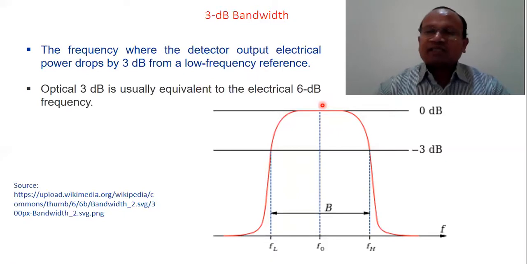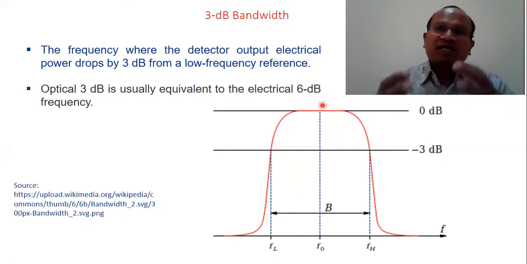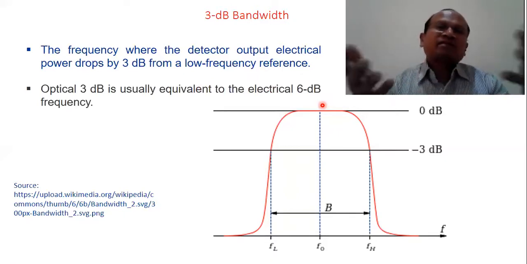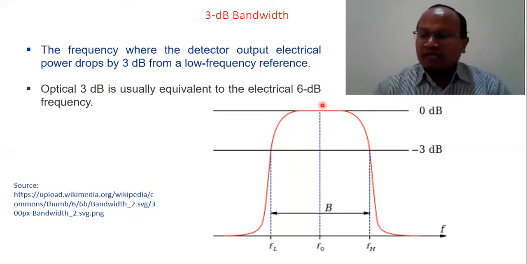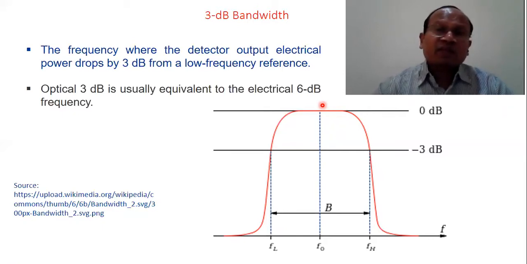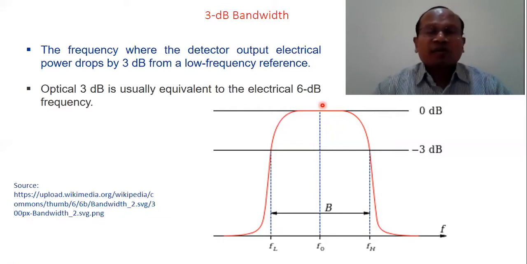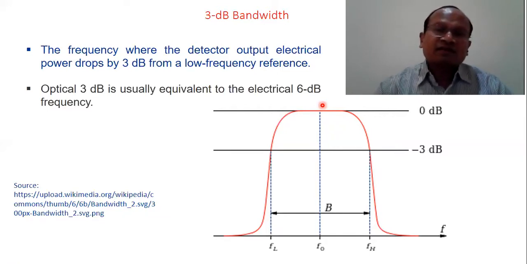Bandwidth is, as I told you, a range of wavelengths. We know that light is characterized by a certain range of wavelengths. So that wavelength will definitely correspond to some frequencies as well, because we know the velocity of light, and then we can determine the frequency as velocity of light divided by wavelength.